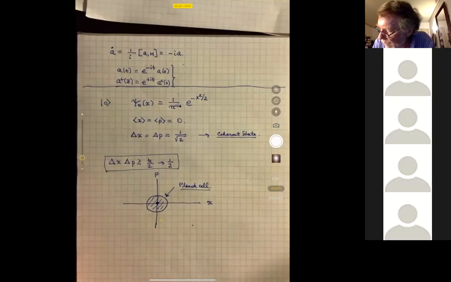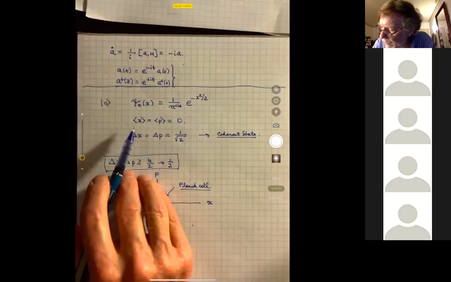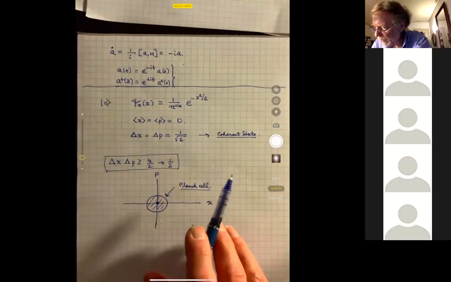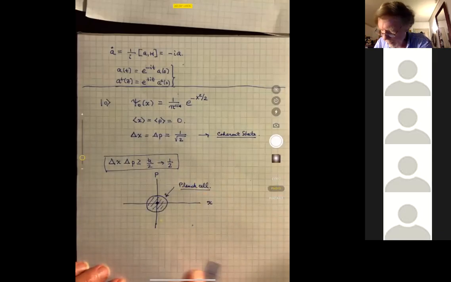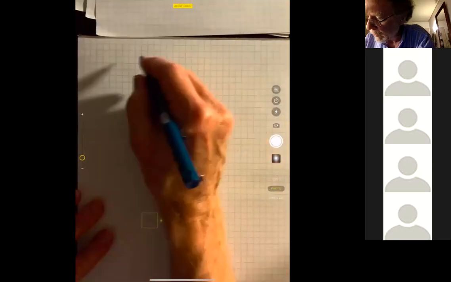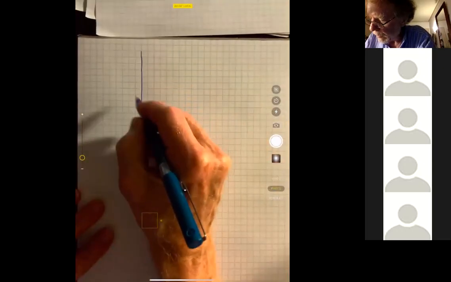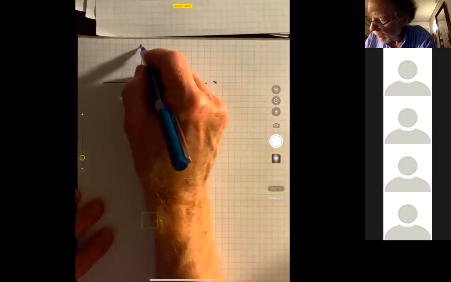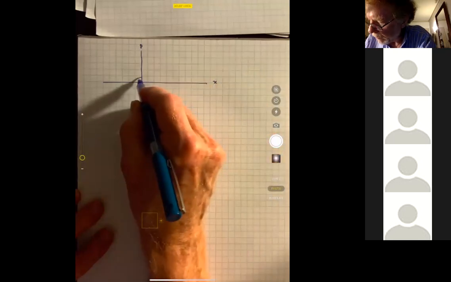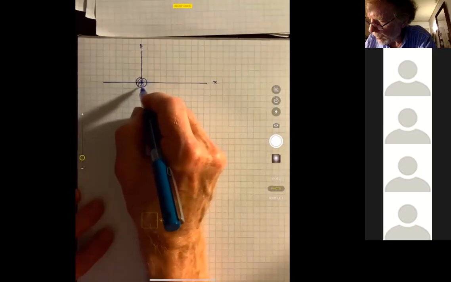Now this is the case where the expectation values of x and p are equal to 0. What if we want other expectation values for coherent states? Let me draw the picture again on a new page because I want room to do it. This is phase space, x and p. Let me draw the ground state of the harmonic oscillator here as a blob like this.